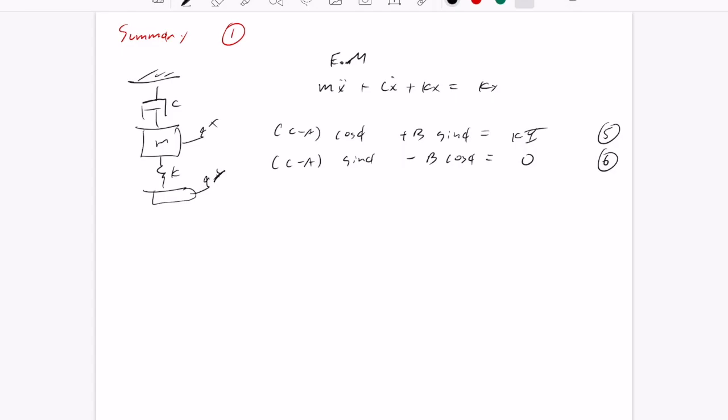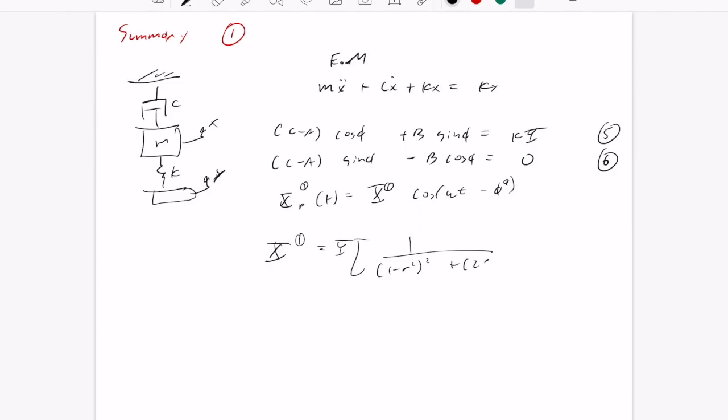And then setting x p, and we'll call this system 1 of t, is equal to x1 cosine omega t minus phi 1, where the magnitude x1 is equal to y times 1 over 1 minus r squared plus 2 zeta r squared to the 1/2.